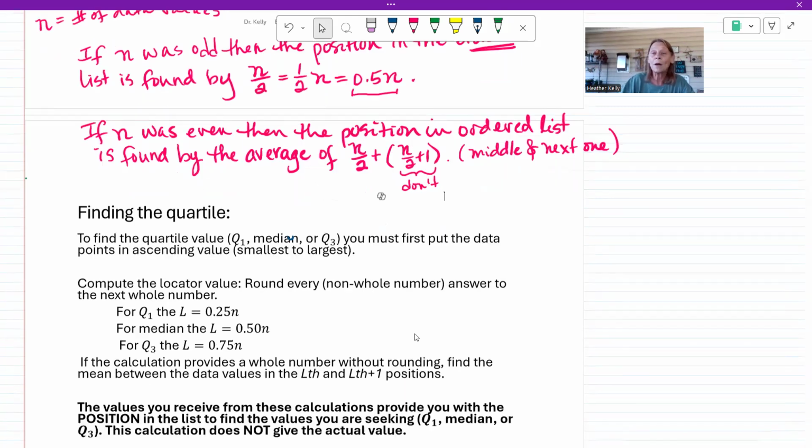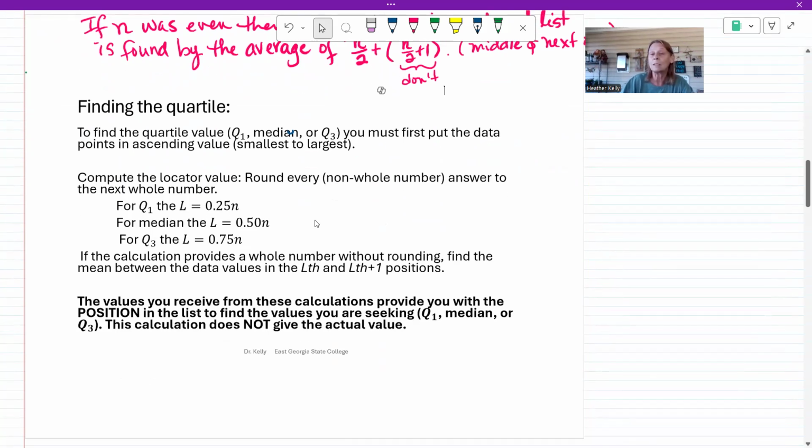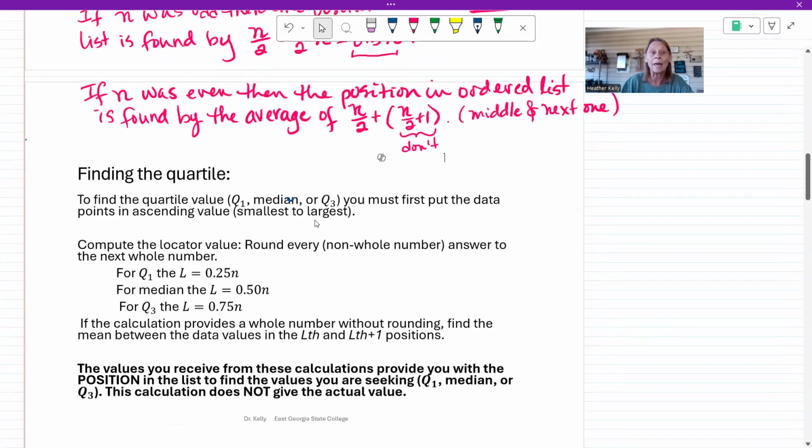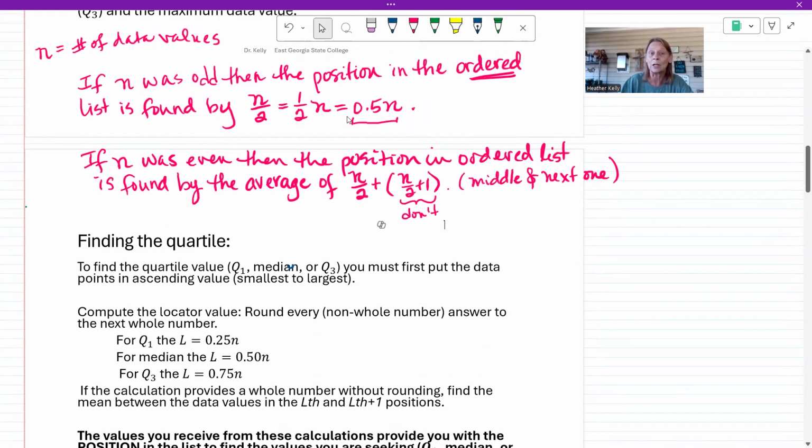So what we find when we're doing the quartile is something called the locator value, and that is what this was here. This is what we would consider, and I'll write that, the locator value.